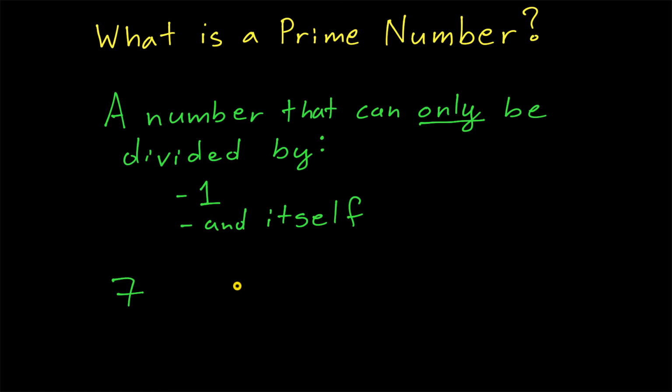Now let's have a look at a number that is not a prime number. So a number that is not a prime number is a number such as 6. Is 6 a prime number? Well, 6 is not a prime number because even though 6 is also divisible by 1, so 6 divided by 1 is just 6, and it is also divisible by itself, so 6 divided by 6 is just 1, 6 is not a prime number because 6 can also be divided by 3. 6 divided by 3 gives you a 2.